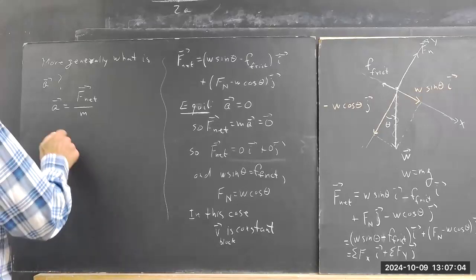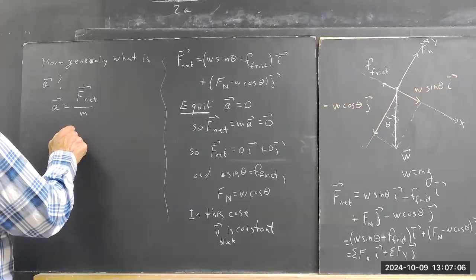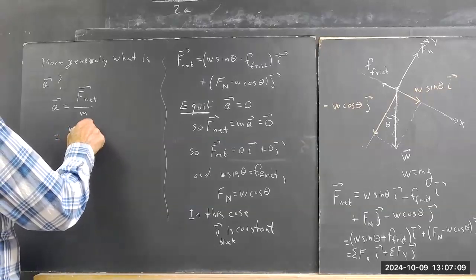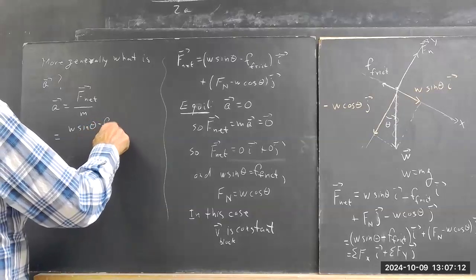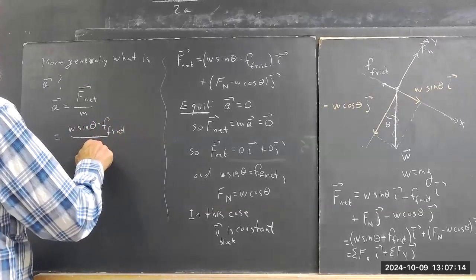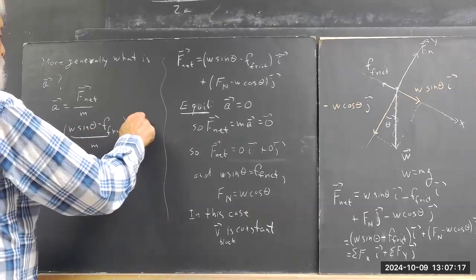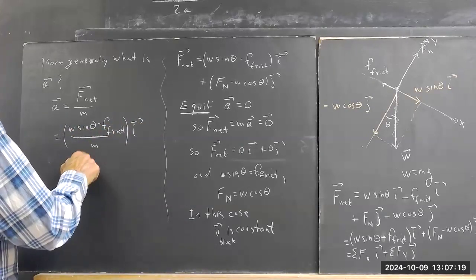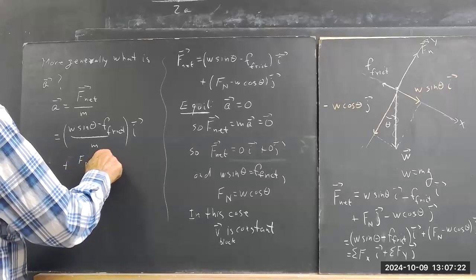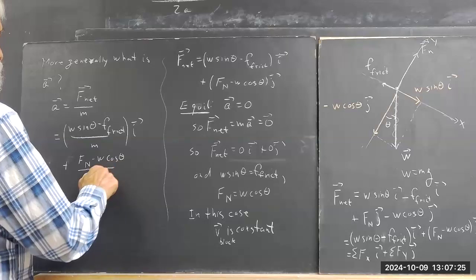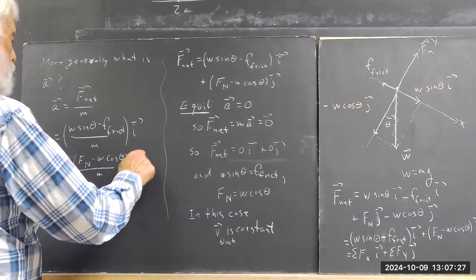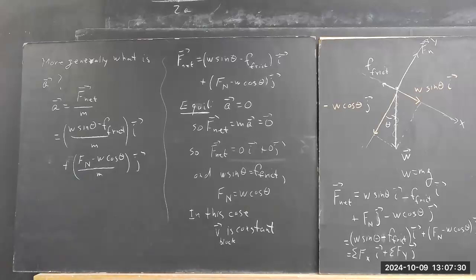And in this case, that is this. Now, if you're given enough information, if you're given the mass of the block and the angle of the incline, then you know everything here except what?